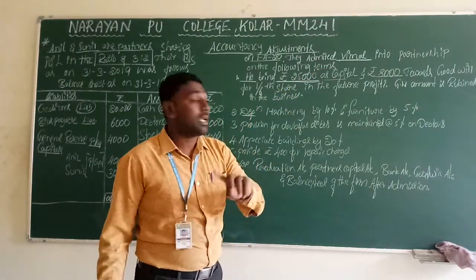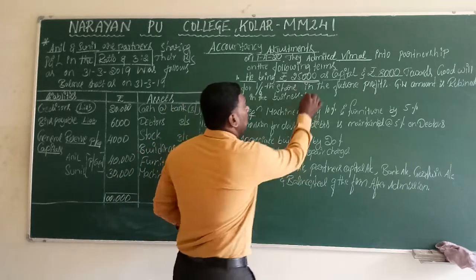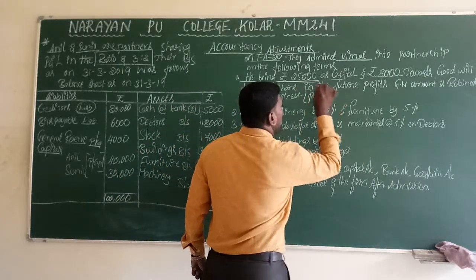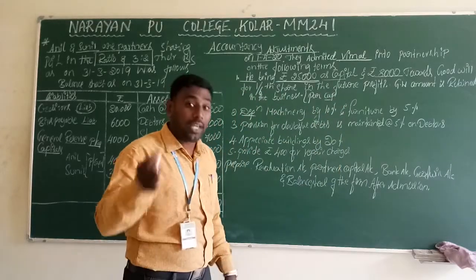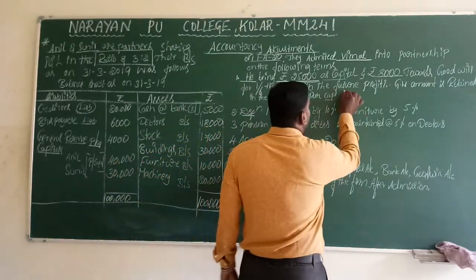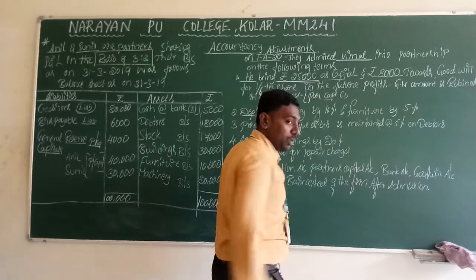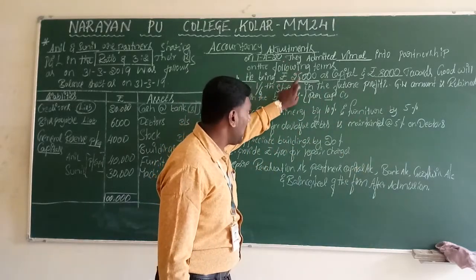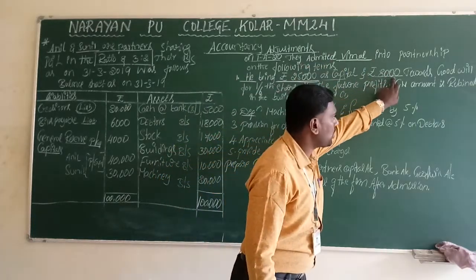So here the entire transaction belongs to the partners' capital account. In the partners' capital account we have to record it under the credit side, because this is the opening balance of Vimal and he has to pay 8,000 towards goodwill.